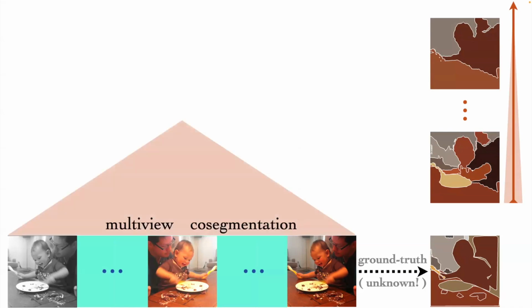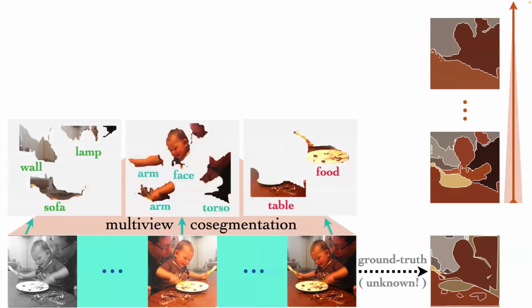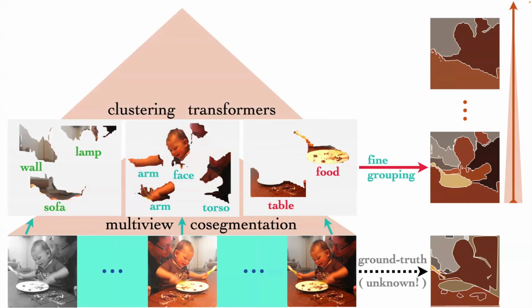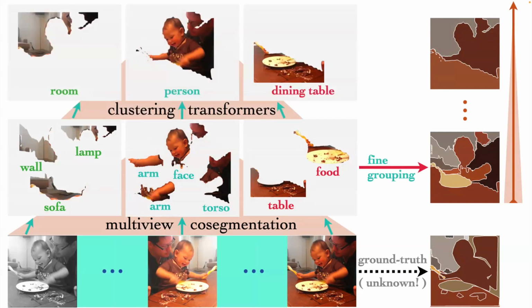We do multi-view extension, color flipping, and so on, and then multi-view co-segmentation. Say we discover these fragments. This is bottom up from finer grouping, then we do clustering to group them into pieces to be learned. That's coarse grouping, and we ensure that they are consistent.